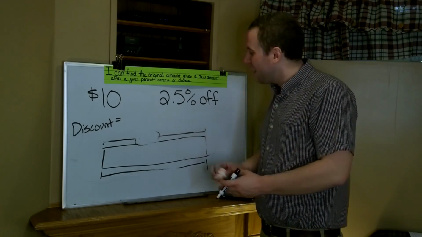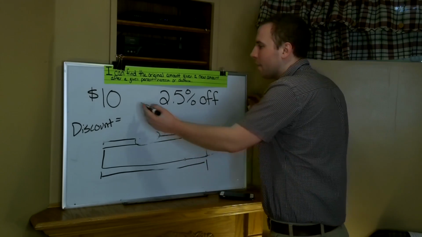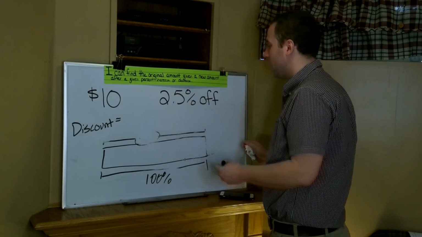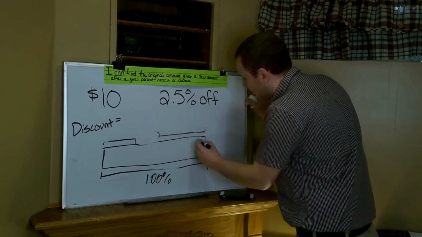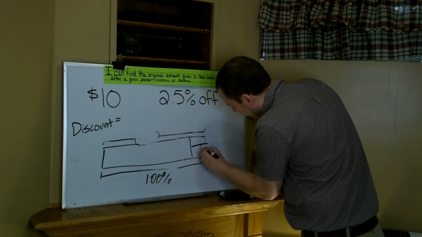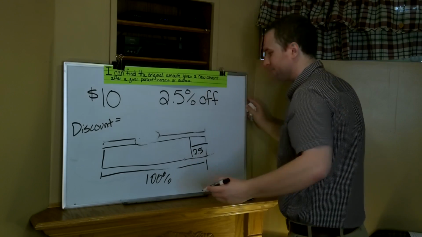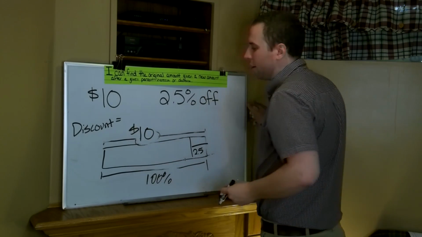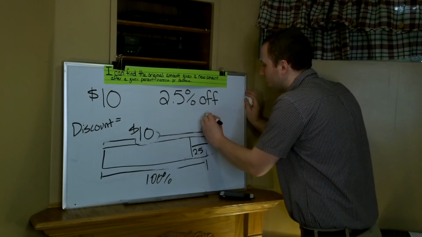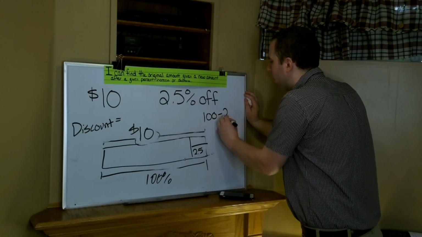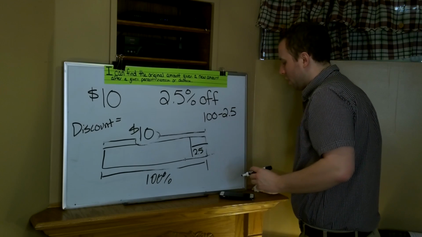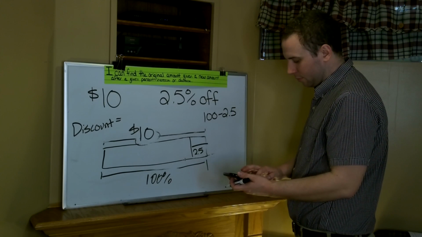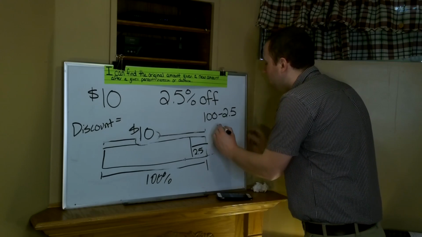All right, let's plug everything in, shall we? Once again, 100% goes down the bottom here. 2.5% off, we're going to mark that, making it 2.5. And our original total is $10. So 100 minus 2.5 would be 97.5.